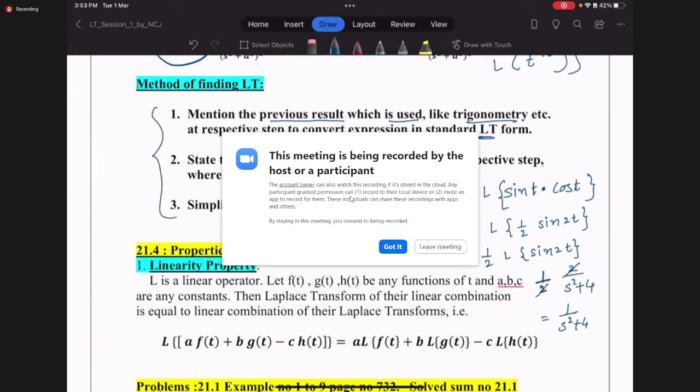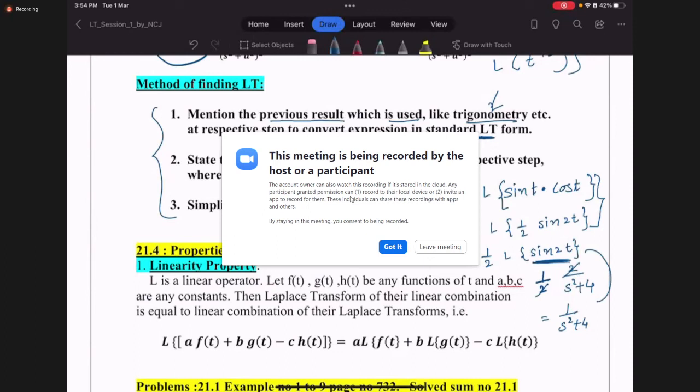So what this step says? How to find the Laplace transform? कि use trigonometry or any result. अगर logarithmic है, exponential है ना? तो simplify करो उसे सबसे पहले and convert it into standard Laplace function form. तो standard LT form में उसे convert करो. तो हमने क्या किया? We have used trigonometry over here. So we have converted it into standard form and then we are applying Laplace.